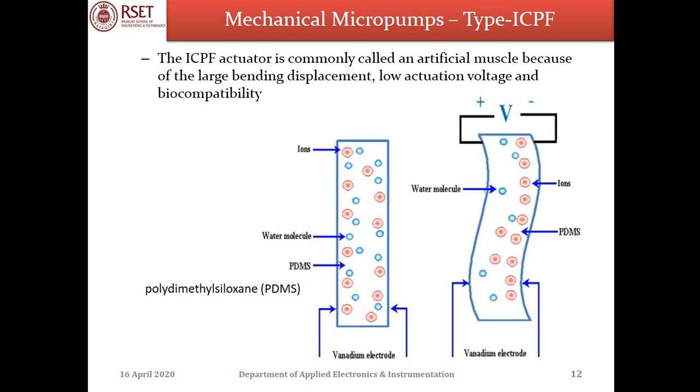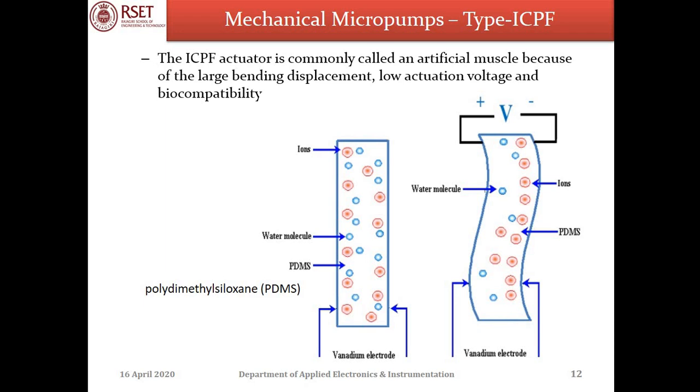Now the presence of an alternating voltage signal will bend the films alternately. So this is what we observe in the second film. Here you have the material where the ions are spread, but when you apply an electric field, you find that the cathode has more ionic activity attracted towards it along with a few water molecules, as a result of which it expands largely while the anode is shrinking.